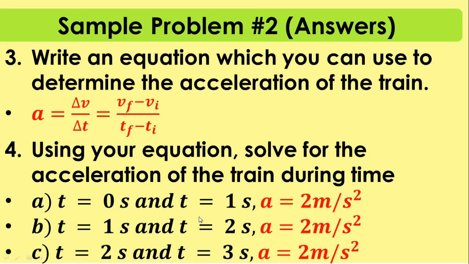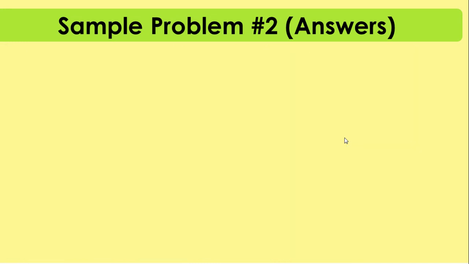We just need to substitute the velocity and the time indicated here for the time intervals in number 4. Alright, klaro po ba? Now, for the acceleration during the different time intervals for A, B, and C, we have the same answer of acceleration, which is given as 2 meters per second squared.